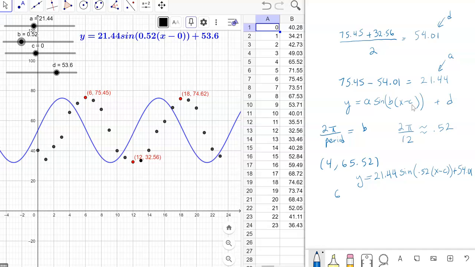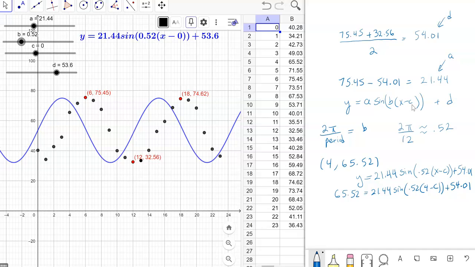So I would have 65.52 equals 21.44 sine of 0.52 times 4 minus c plus 54.01. And solve that equation for c.